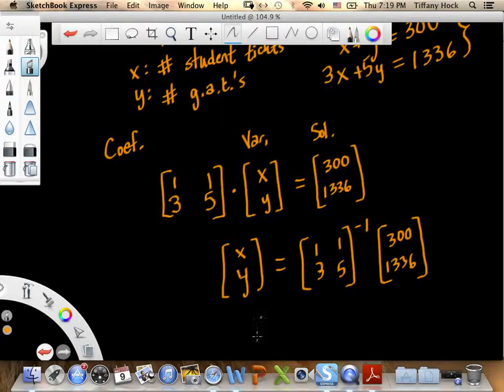So that means that my x and my y are equal to 82 and 218. And we could check these answers by simply plugging them into the equations we came up with. If you remember, we had 300 total tickets, and if you add 82 plus 218, you get 300.